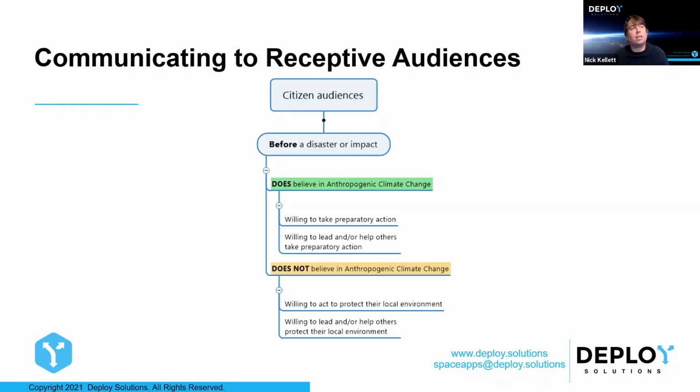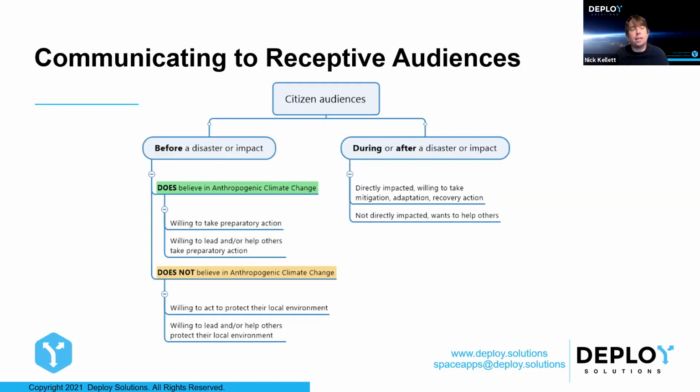And so this is an interesting conclusion that I think we've come to. It may be familiar to some of you on the webinar already, but we think that approaching it from this angle means not excluding people necessarily based on their acceptance or beliefs around climate change, but wherever possible, empowering them to take action. And then, of course, although we would like them to act before a disaster impact, we know that that doesn't always happen.